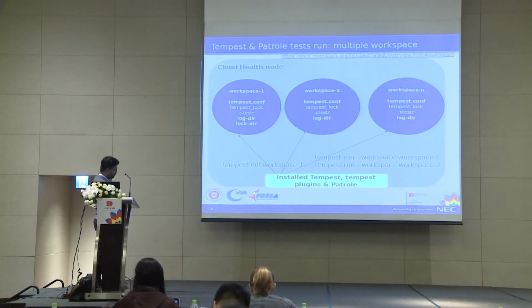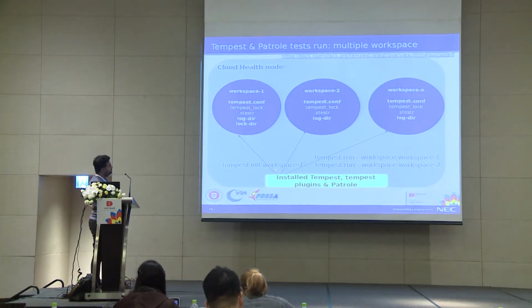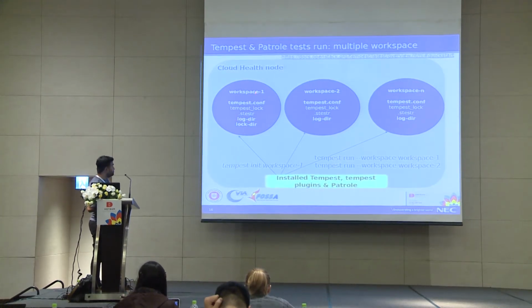So this is the CLI. You can initialize the workspace. You can give any name, workspace 1, say cloud 1, cloud 2. What a workspace means is it creates a temporary folder, and under the folder we will have the tempest conf, the log directory, and the extension files.